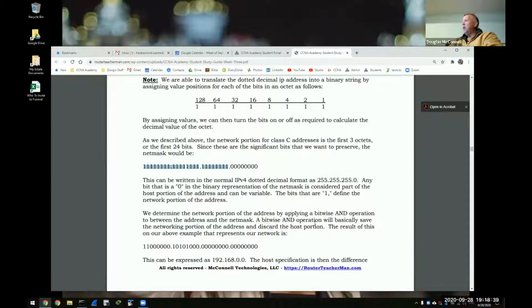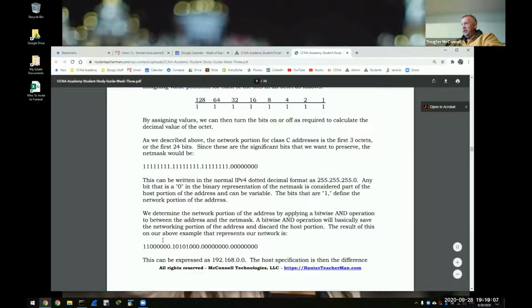So I wanted to bring up the ANDing operation. When I first learned subnetting, it went right over my head. But ANDing basically is an operation that says, I'm going to save the network portion of the address and discard the host portion.